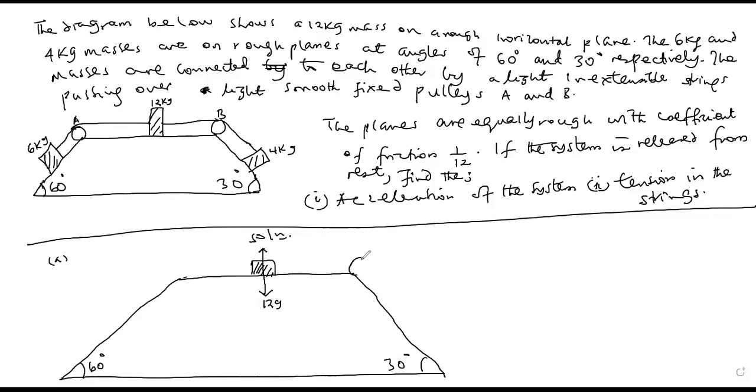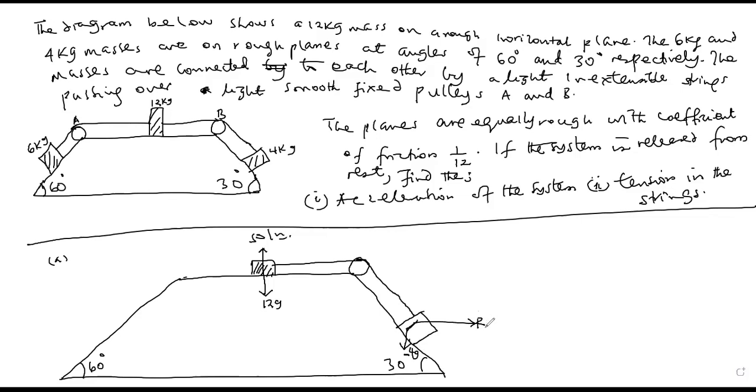And if I have here a pulley, here I will have the mass the string connects to. And this mass is 4 kilograms, meaning that its weight is 4 G. If its weight is 4 G, then of course it has a normal reaction.